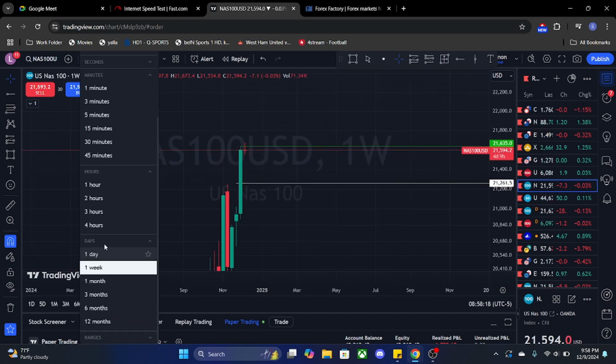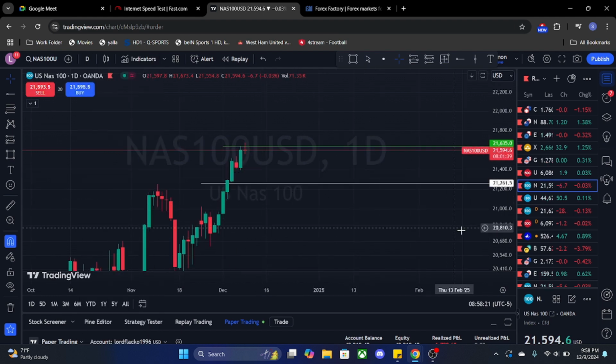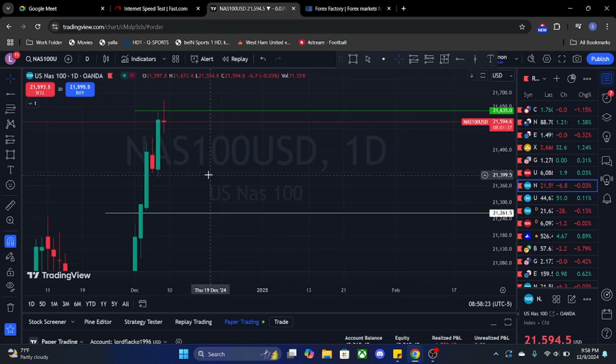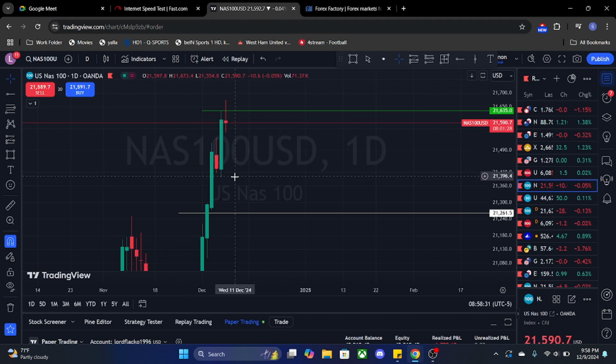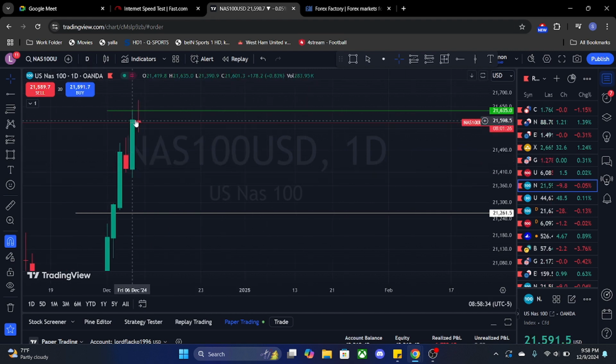So on Monday, on the daily, what did you do? On the daily, same thing actually. We are still on this leg. I want to see if we can get any kind of retracement. I can see that we swept Friday's high, so any kind of retracement on this candle would be ideal.